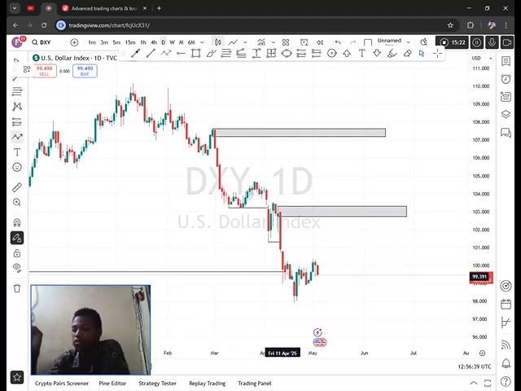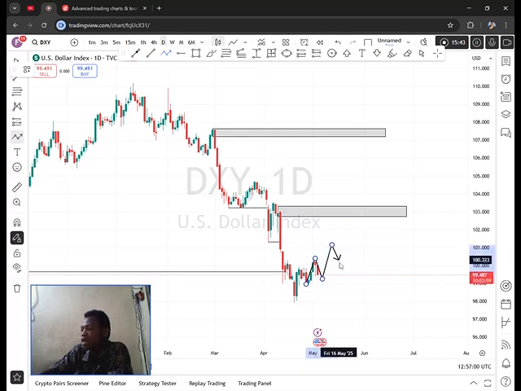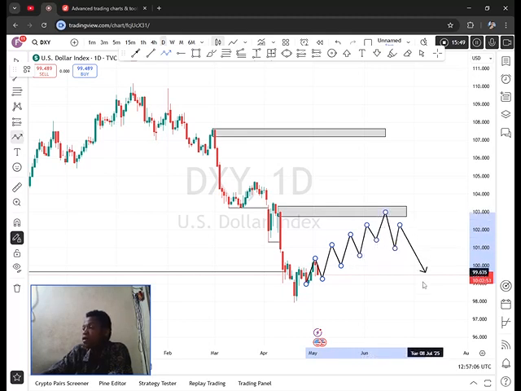Don't forget that your daily time frame must align to the weekly time frame. And the 4 hour time frame must align with the daily time frame and the weekly time frame. Are you with me? So that's how it is. Right now, we're expecting this to give us a slight move like this into this order block.